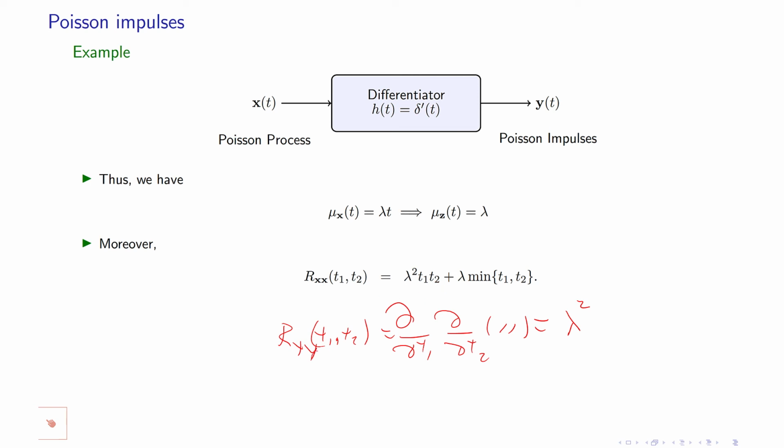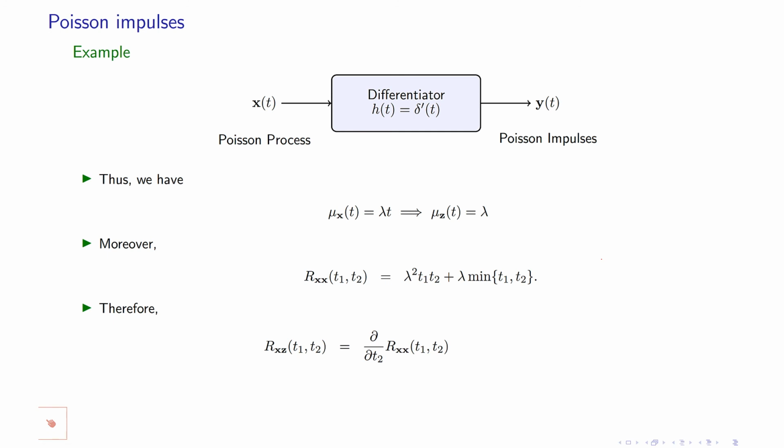So the autocorrelation of the output is proportional to your traffic rate to the power of 2. And you see that this is constant, this is constant. Therefore, the Poisson impulses process is wide sense stationary. You could calculate this and see that you get lambda squared plus lambda delta(t1 minus t2).